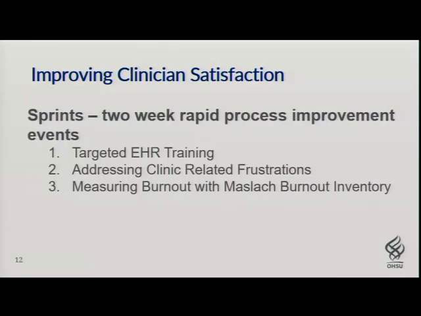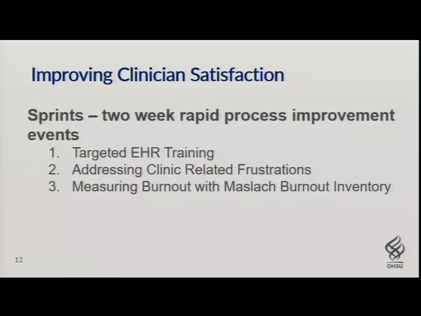From the framework that we've seen from the University of Colorado, the goal is to use sprints to provide targeted EHR training, addressing clinic-related frustrations, and at the same time measuring burnout with the Maslach Burnout Inventory. With the targeted EHR training, what we're trying to do is identify gaps and increase proficiency in the tools that we already have available to us.